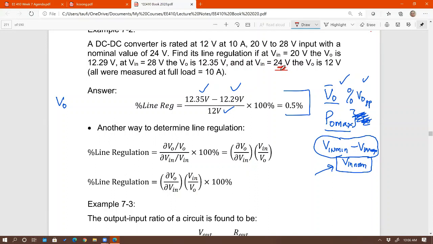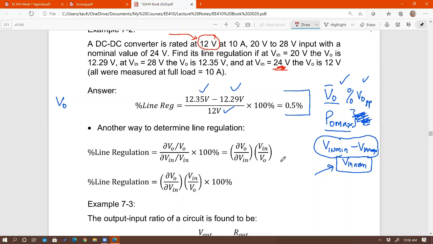When you put in the nominal input voltage, the output is not going to be exactly 12 volts. It's going to be 12 point something or 11.9 something, very close to 12 volts. Think of this one as the spec, so that's the data sheet value that you will be providing.